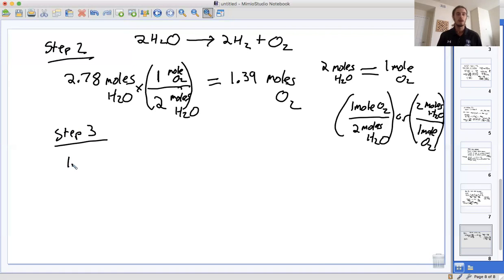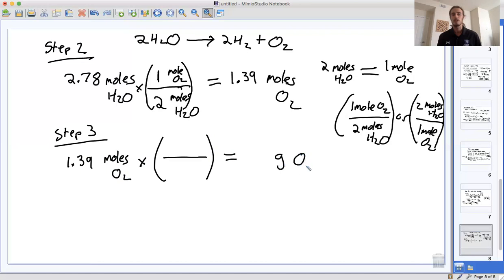So we're going to take 1.39 moles of oxygen, and we need to convert it. We need to end up with grams of oxygen. So in this case, we're doing a moles to grams conversion, so we're going to need the molar mass for oxygen, for O2.